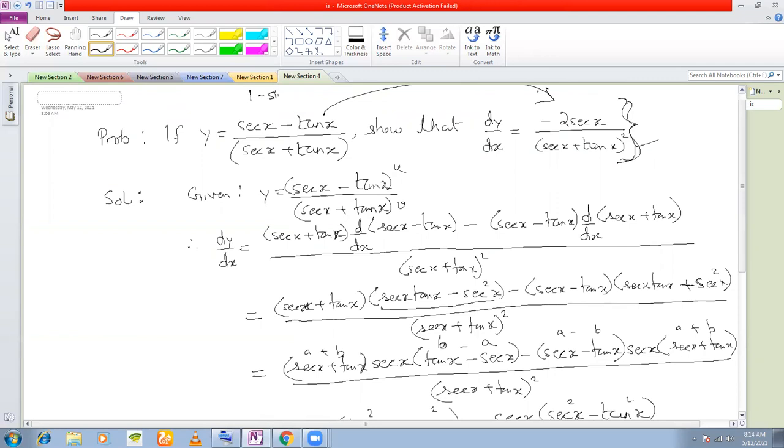It will come to 1 minus sin x by 1 plus sin x. And I have already shown you the differentiation of 1 minus sin x by 1 plus sin x earlier, right? So you could have differentiated that way also. Or what you could also have done, if there was no sec x, you could have multiplied the numerator and denominator by sec x minus tan x.